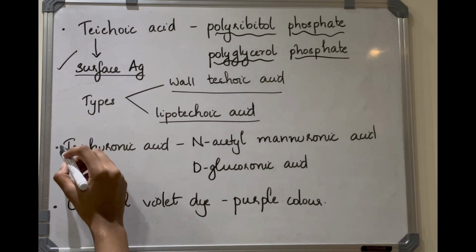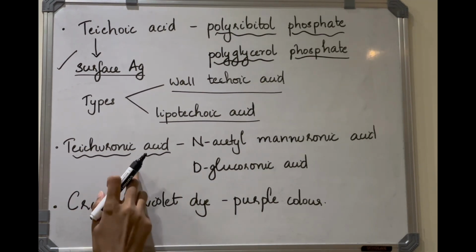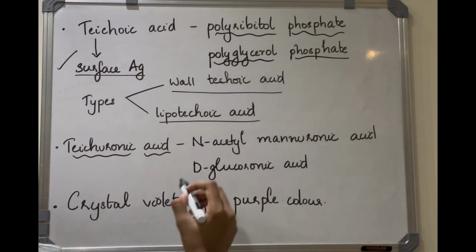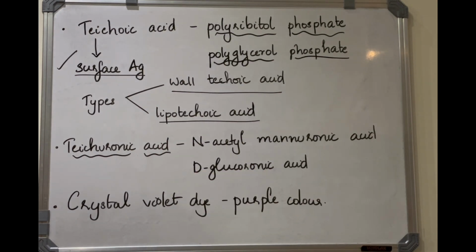Then there is also an acidic sugar, teichuronic acid, which is a polymer of N-acetyl mannuronic acid and D-glucuronic acid. During Gram staining, mainly two dyes are involved, that is crystal violet and safranin. The gram-positive bacteria take up the crystal violet dye, and they appear purple in color.